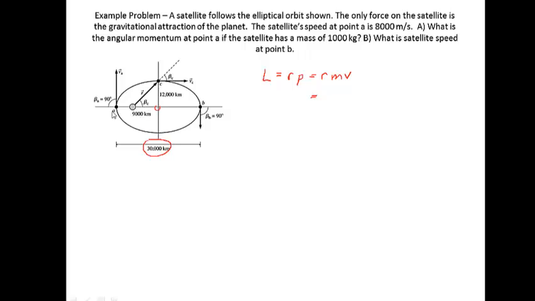That means between here and here it's 15,000 kilometers. And it already said that this distance here is 9,000. So the radius at position A is going to be 15,000 kilometers minus 9,000 kilometers, and that would be 6,000 kilometers.